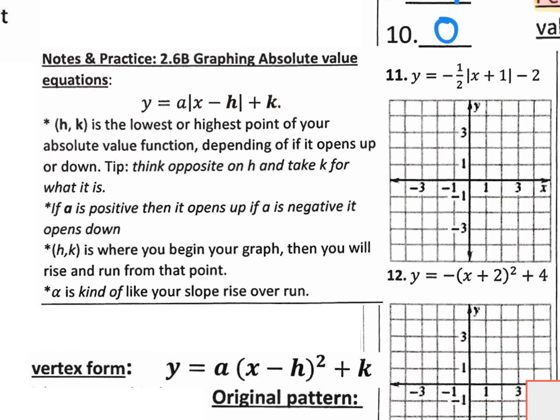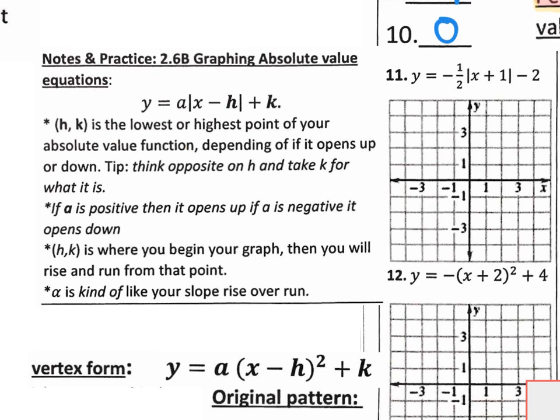The most important point is your highest or lowest point, which is the hk value. You have to think opposite on h, and you take k for what it is. And the a value, just like on parabolas, will tell you if it opens up or down, depending if it's positive or negative. And it also makes it wider or narrower, depending on if it's closer to 0 or further away from 0. Okay? So I explained this in our notes.